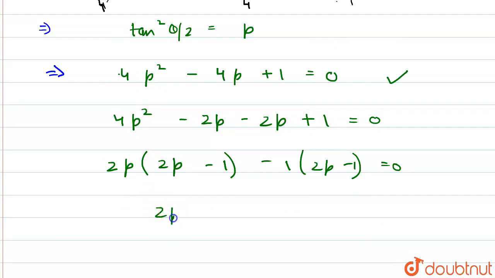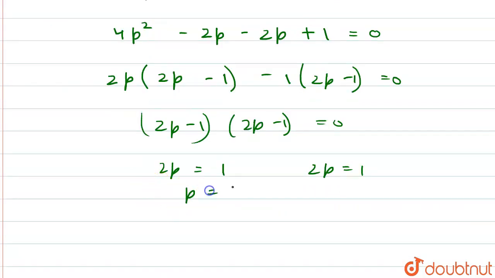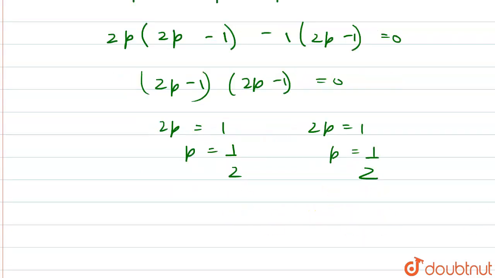So this will be 2p minus 1 into 2p minus 1 equal to 0. Now 2p will be equal to 1, so p is equal to 1 by 2, p is also equal to 1 by 2, right?